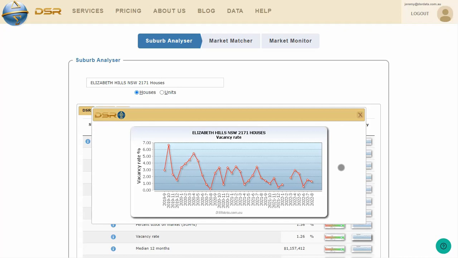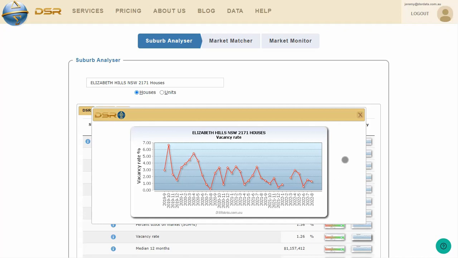For any given month, we don't really know the true supply and demand of rentals. But if we run our eye through the last year of vacancy figures on the chart, we can guesstimate that the true nature of supply and demand of rentals in this suburb is probably a bit under 2%.